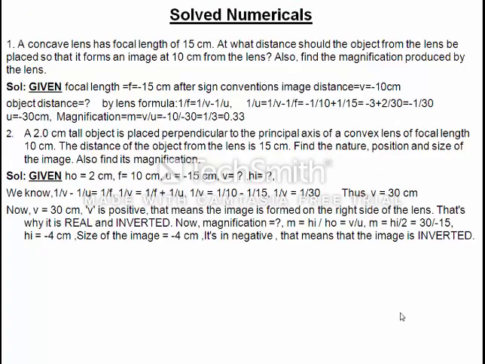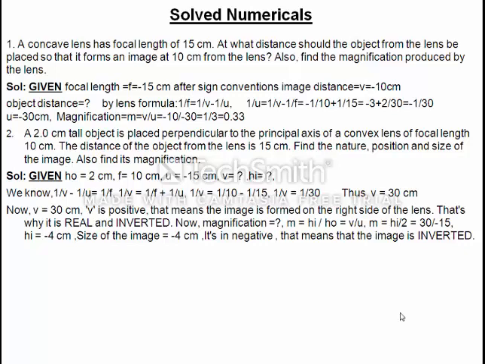Now I have solved some lens problems for you, and after that I have given many questions for you to solve. The questions which I have given you as homework, please solve them properly, and after solving, send the solved problems on my WhatsApp.